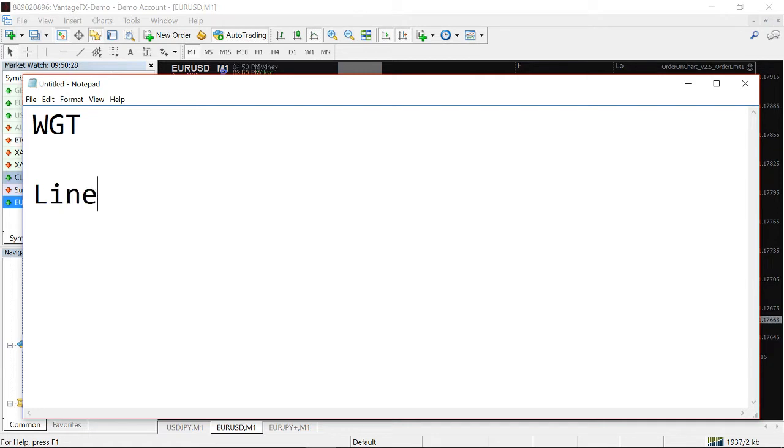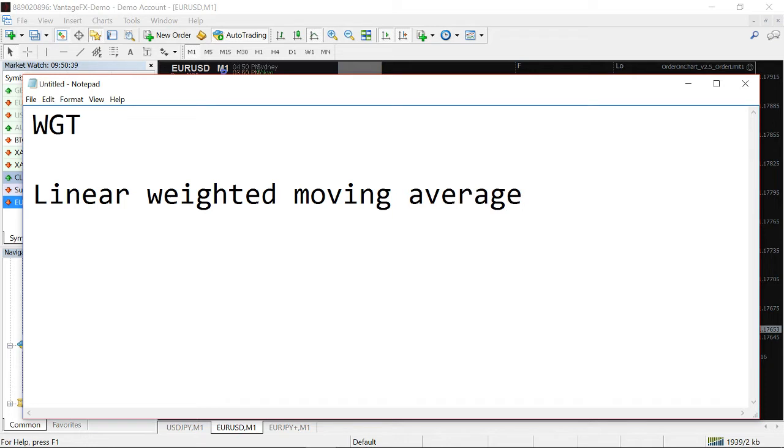So it's the linear weighted moving average. And what does it mean? Basically, when you say 25 WGT, it's going to consider more the recent data on the bars.